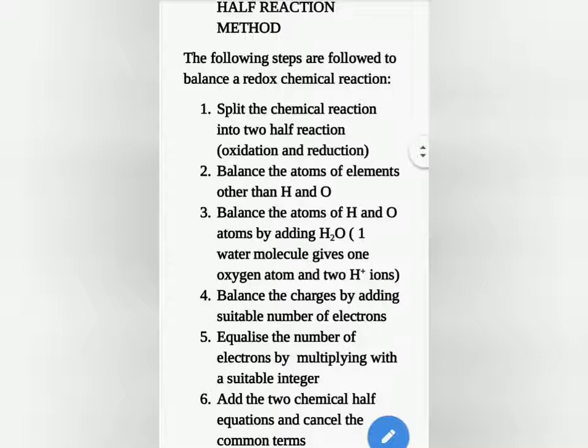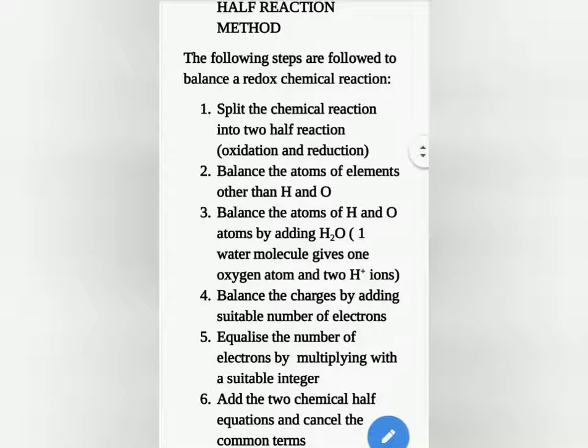After balancing the number of hydrogen and oxygen atoms, you will have to balance the charges by adding a suitable number of electrons. If you are adding one electron, we know electrons are negatively charged, you are adding -1. If you are adding 10 electrons, you are adding actually -10.